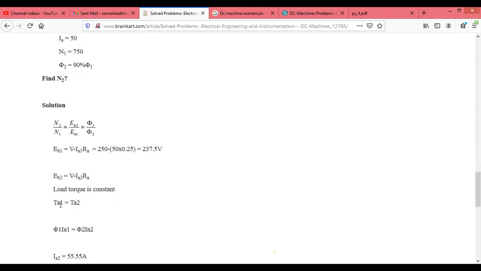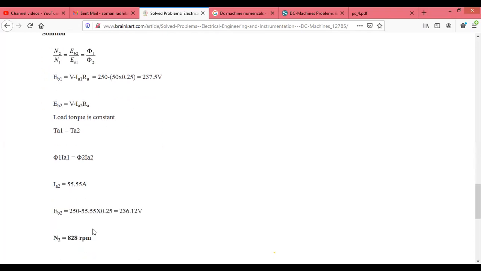At that time we saw that tau is directly proportional to phi, and tau is directly proportional to the armature current. So you can take phi1 IA1 equal to phi2 IA2. Phi1 will cancel, and the IA1 value is there. If you put all these values, you will get the value for IA2.